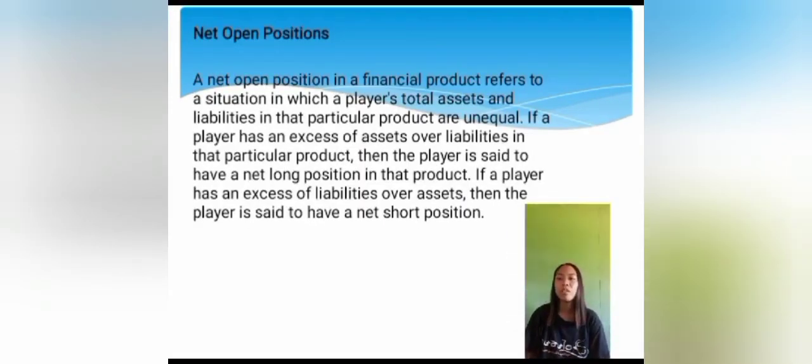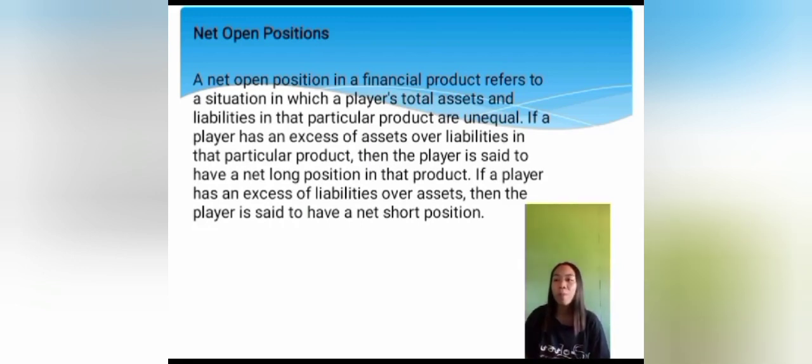Net open positions. A net open position in a financial product refers to a situation in which a player's total assets and liabilities in that particular product are unequal. If a player has an excess of assets over liabilities in that product, then the player is said to have a net long position. If a player has an excess of liabilities over assets, then the player is said to have a net short position.